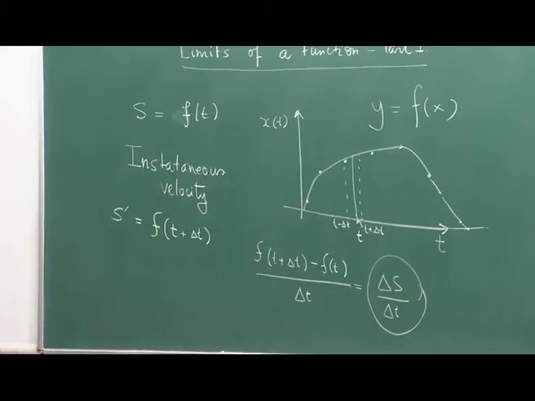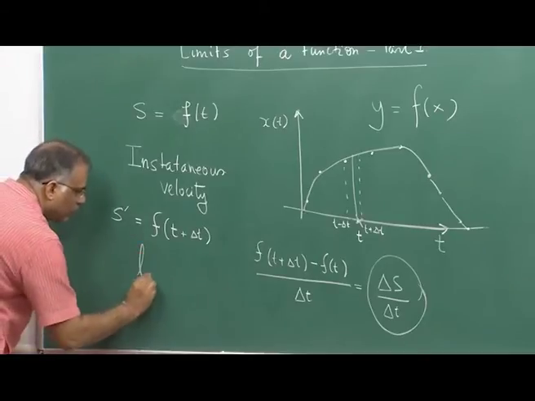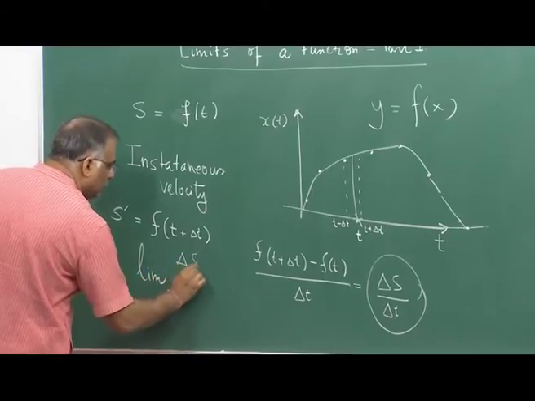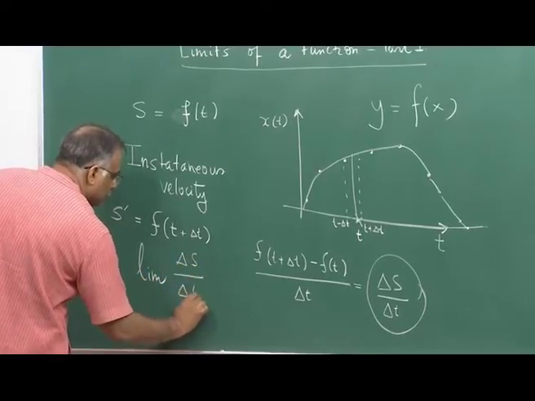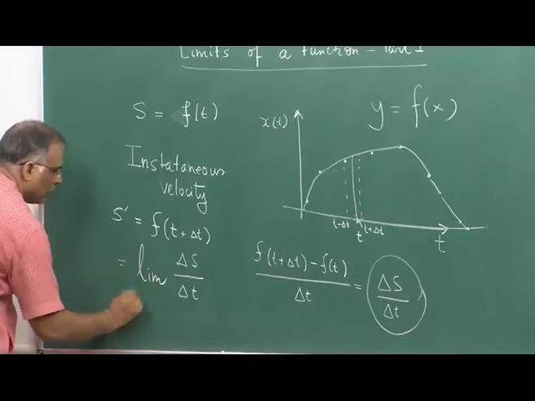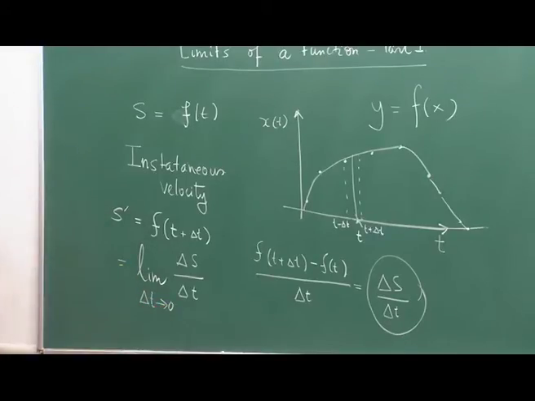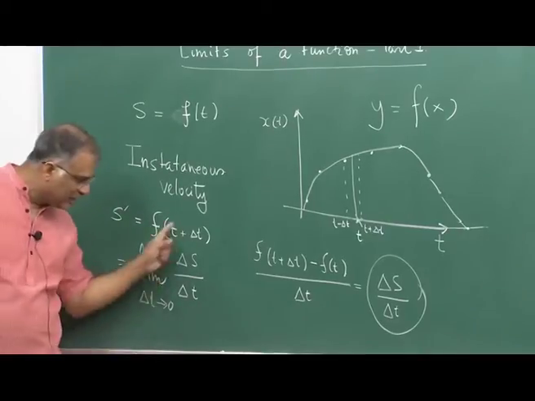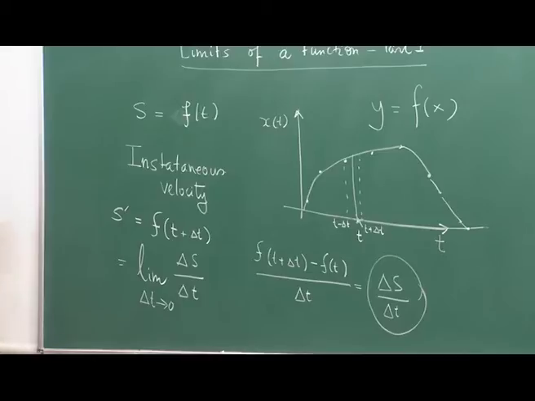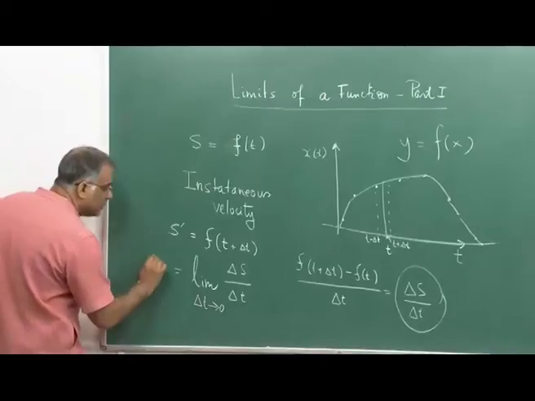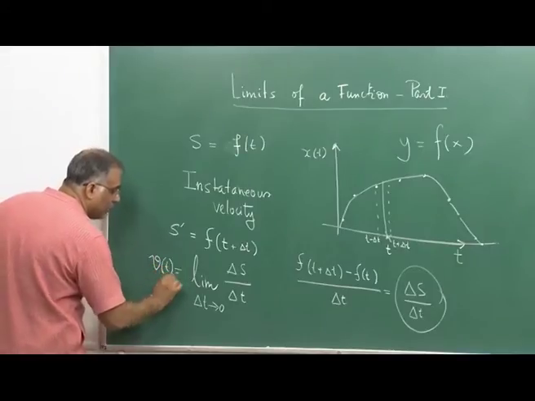This process was understood and called by Newton the notion of a limit. As I make the change in time go towards 0, this average velocity over the very small time period goes to what is known as the instantaneous velocity v at the time t.